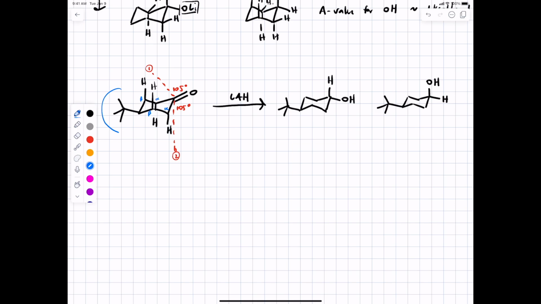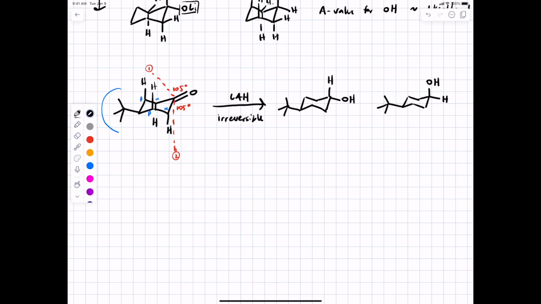I mean, actually, there's something you guys haven't said that I'm actually pleased you haven't said. Product stability. Right. Why do I not care about product stability? This reaction is irreversible. Lithium aluminum hydride reduction is irreversible, so product stability doesn't matter.